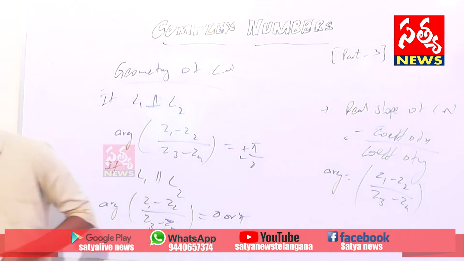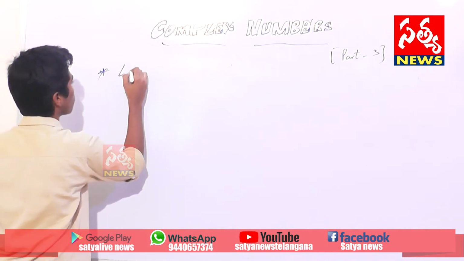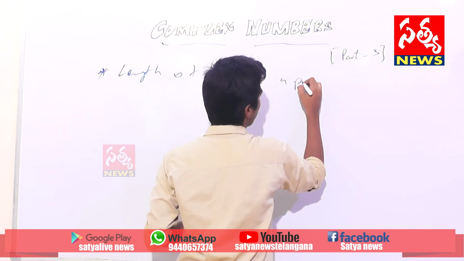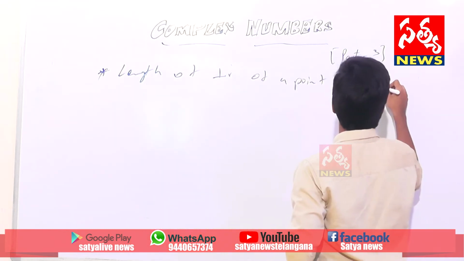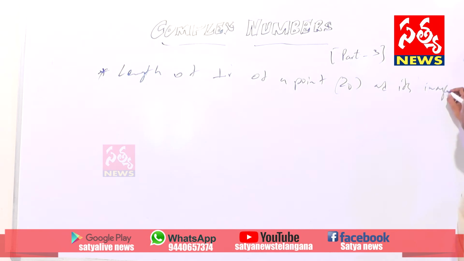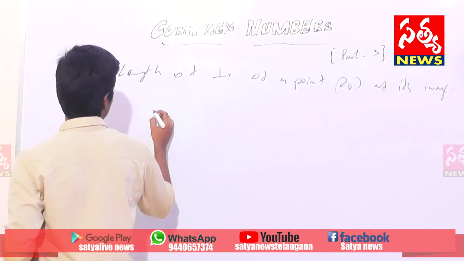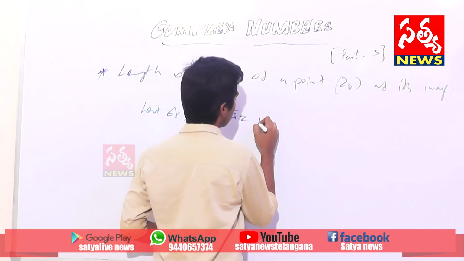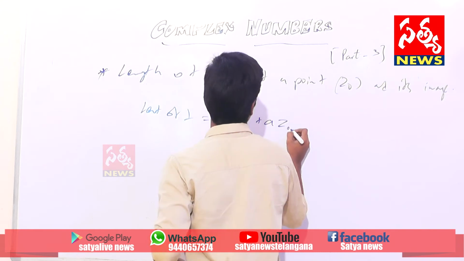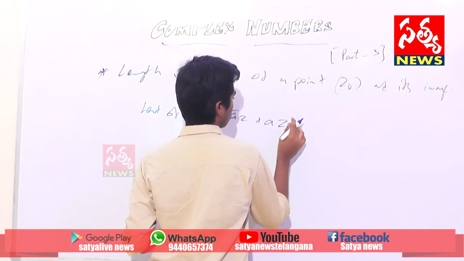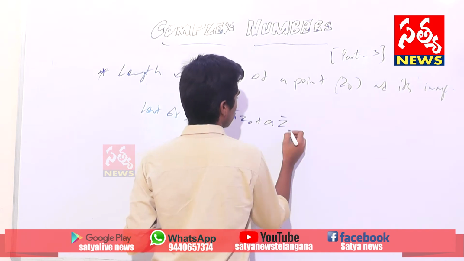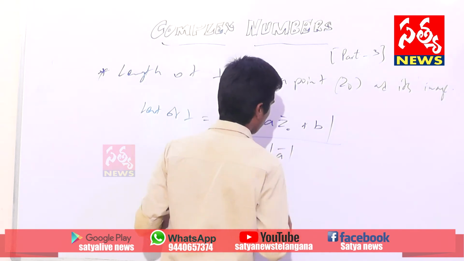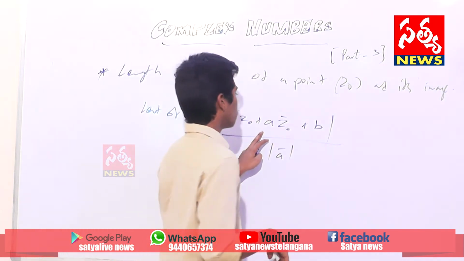Now, the length of the perpendicular from a point z0 to a line.